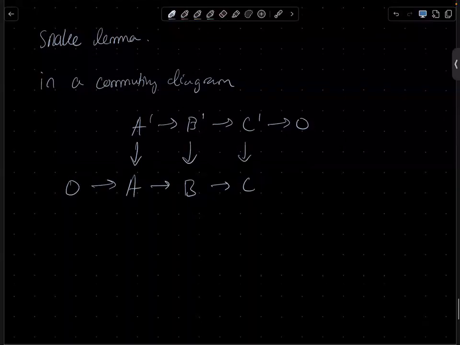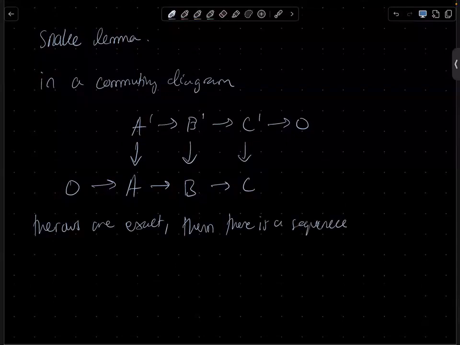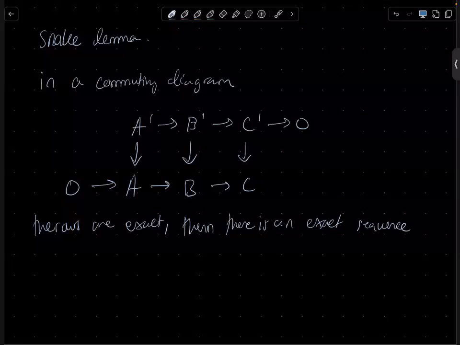If in this diagram the rows are exact, then there is an exact sequence as follows. It looks like this.